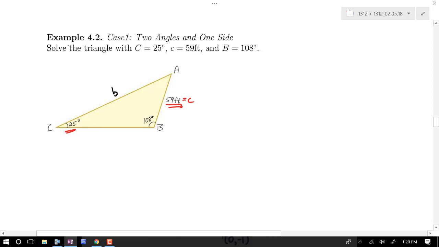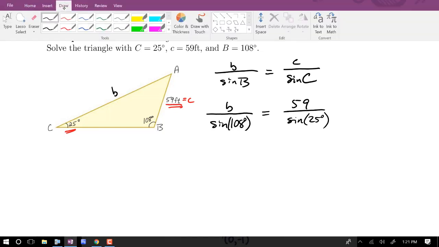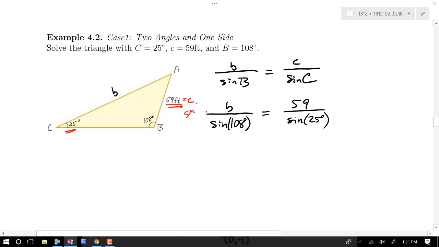So, setting up our equation, we know that B over sine B is equal to C over sine of C. So we have B divided by sine of 108 is equal to 59 divided by sine of 25. We can solve easy enough just by multiplying both sides by sine of 108.